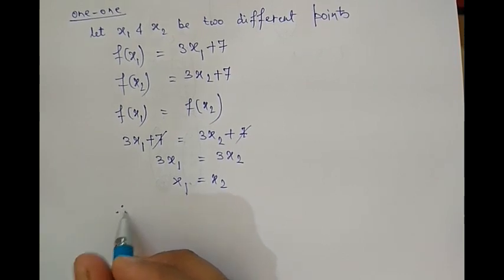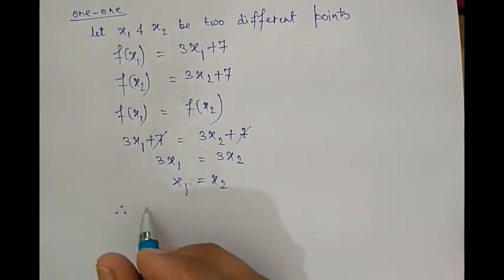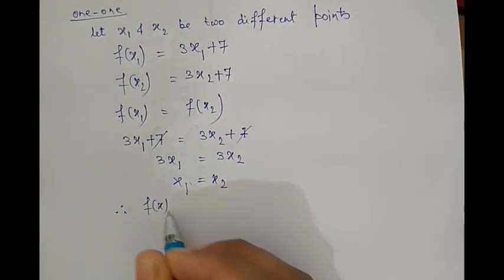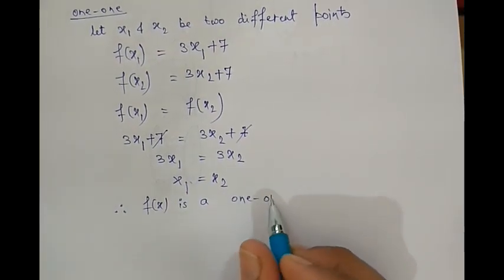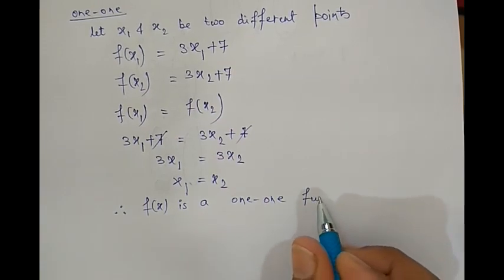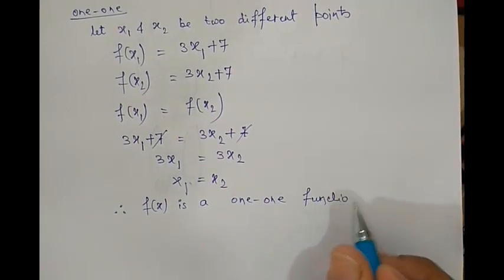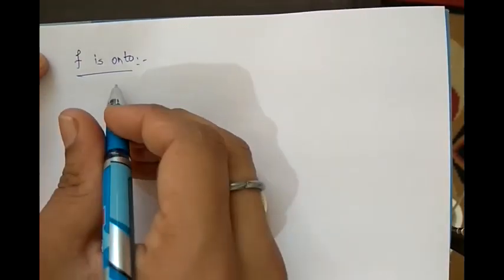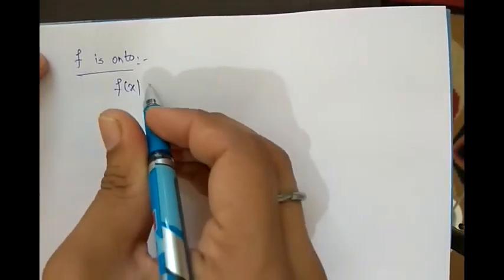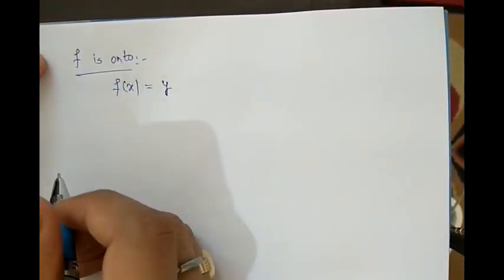Therefore, f(x) is a one-one function. Now we will check whether the function f is onto or not. For that, the first step is, we will write f(x) equal to y.